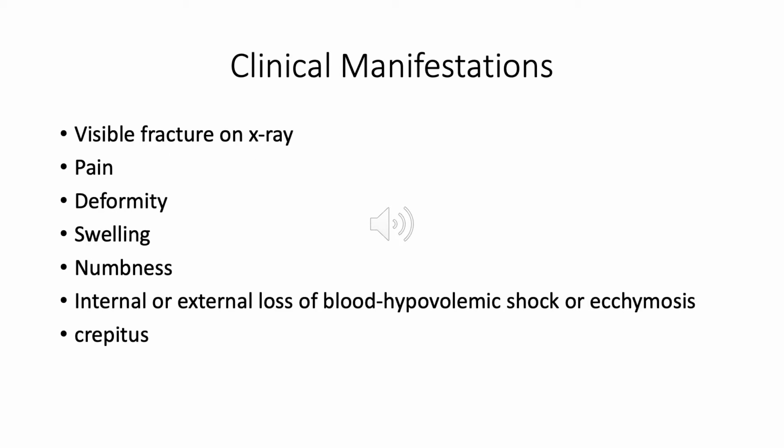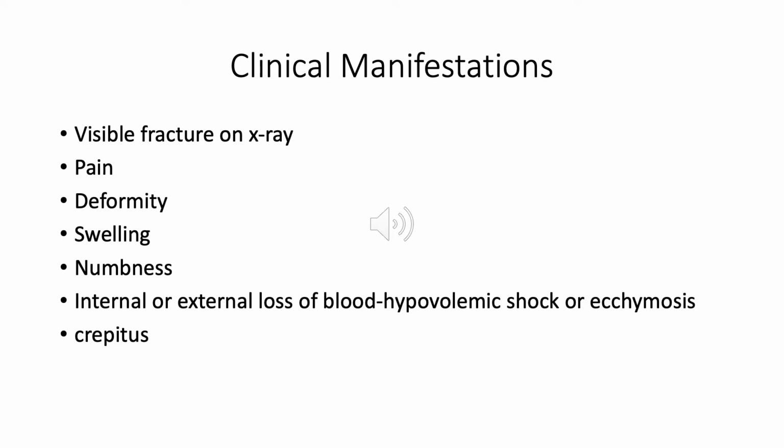Clinical manifestations of a fracture include a visible fracture on an x-ray and pain. Pain is generally due to an interruption in the continuity of the bone, damage to ligaments, tendons, and other surrounding tissue, and muscle spasms.